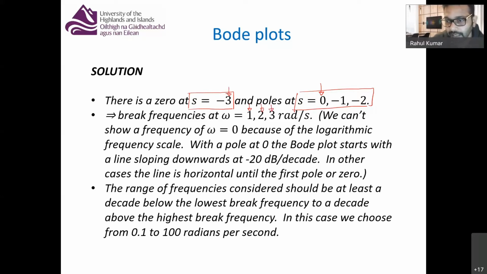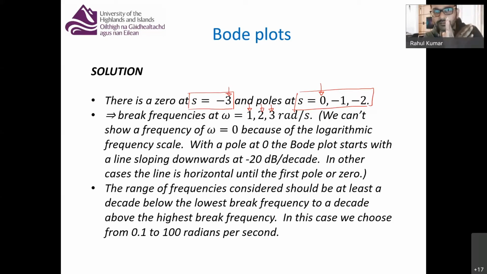As I mentioned, we cannot show a frequency of 0 on a logarithmic scale. So with a pole at 0, the Bode plot starts with a line sloping downward at minus 20 dB per decade. Since we cannot have a 0 value, we assume that wherever we start, there has been a pole already.